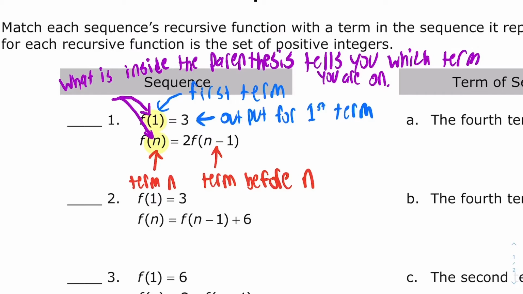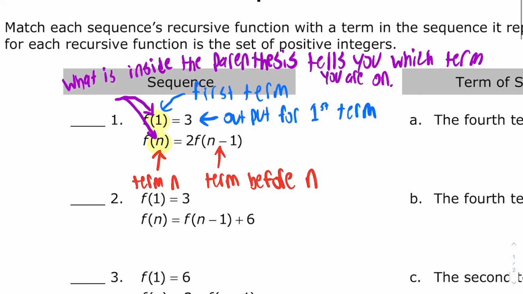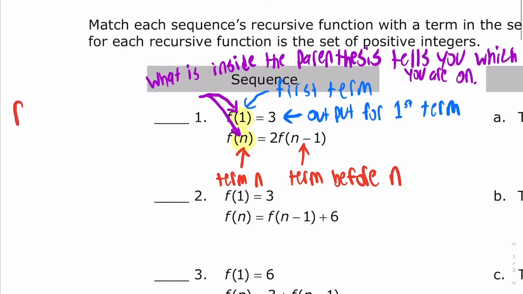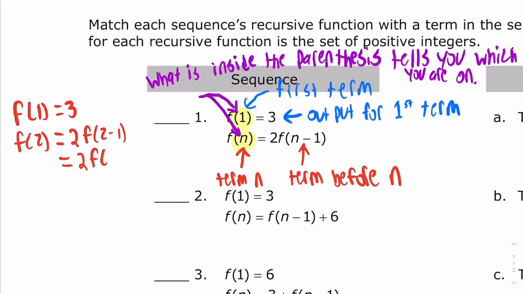So for example, for number 1, if f1 has the answer of 3, then f2, the formula that we use to find every answer after the first answer, is 2 times f2 minus 1, and then we simplify. That means 2 times f1. Well, we know the answer for f1.